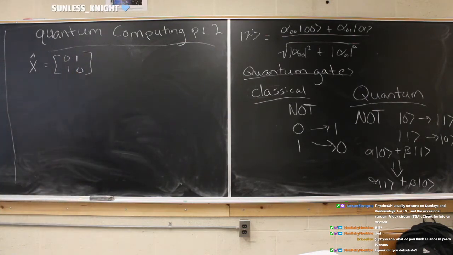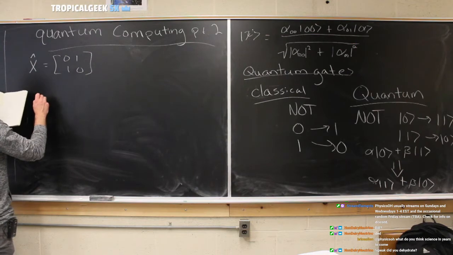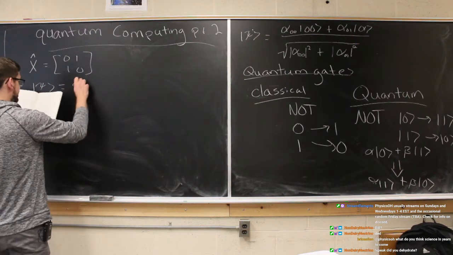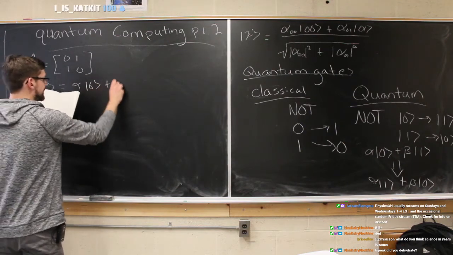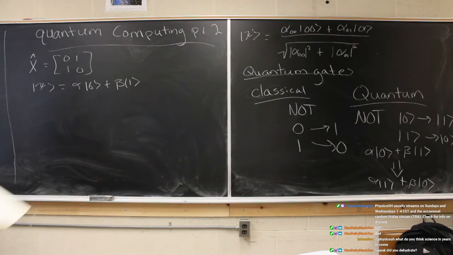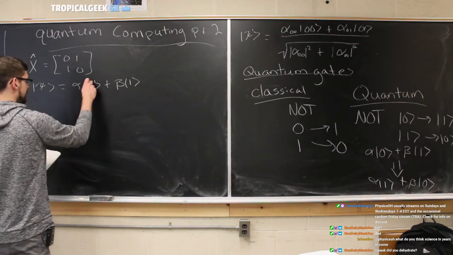Well, this matrix does the exact thing that we want. If we take our state psi as alpha times 0 plus beta times 1, remember the 0 vector was 1, 0 and the 1 qubit was 0, 1.